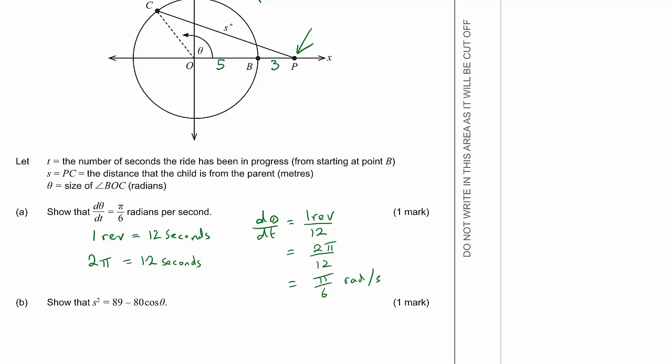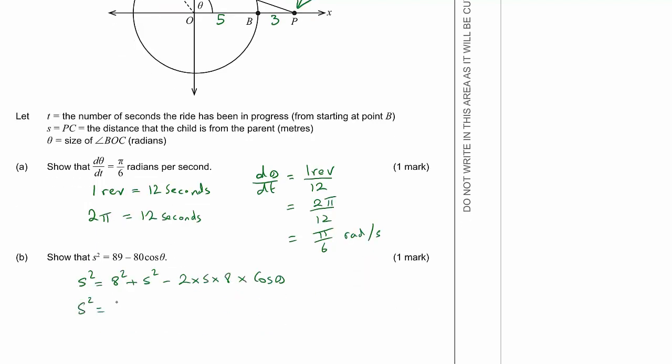So let's use the cosine rule. We know this length is 5, and we know that this length here is 8. So s squared is going to be 8 squared plus 5 squared, take away 2 times 5 times 8 times the cosine of theta.